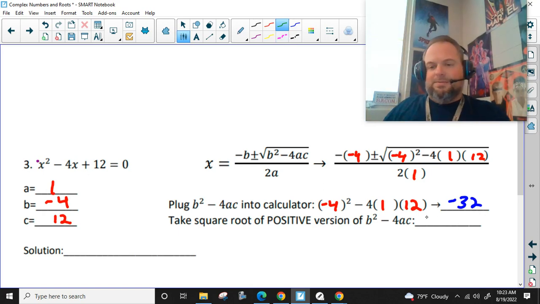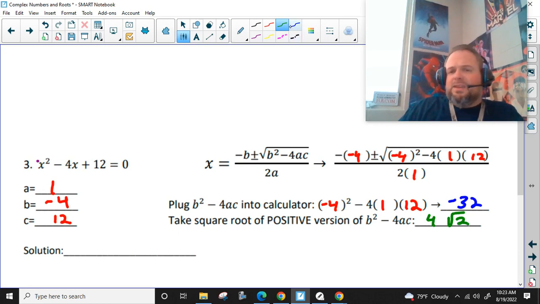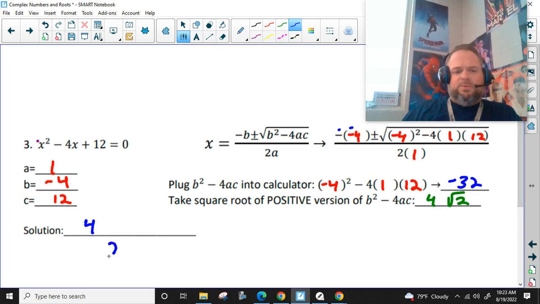Okay. Now, we're plugging it all in. Negative times a negative is a positive. 2 times 1 is 2, plus or minus. And then we're going to write this 4. Let's move this 4 over a little bit. And then a root 2.